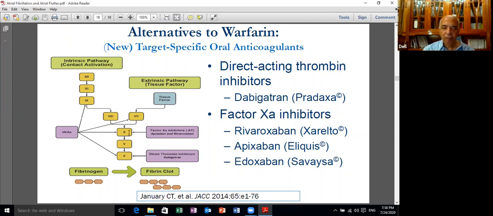It is approved for the prophylaxis against DVT and treatment of pulmonary embolism. But as you see, the direct-acting anticoagulants work downstairs in the cascade system, in contradistinction to warfarin, which works up here, factors 2, 7, 9, and 10.